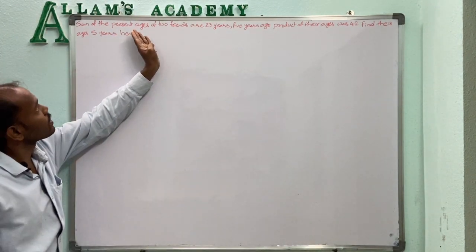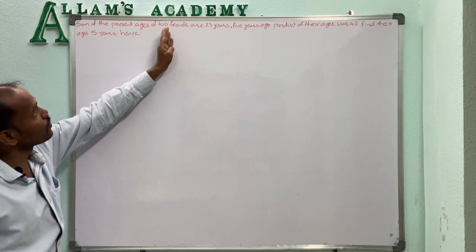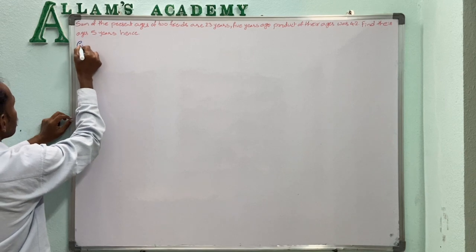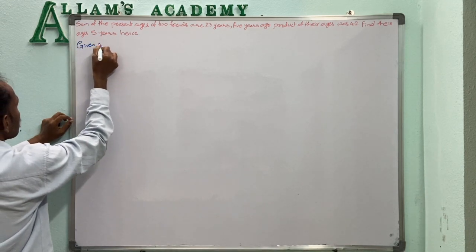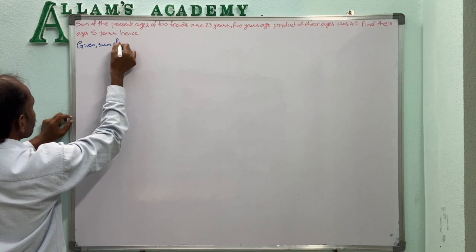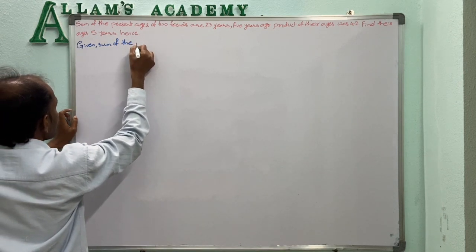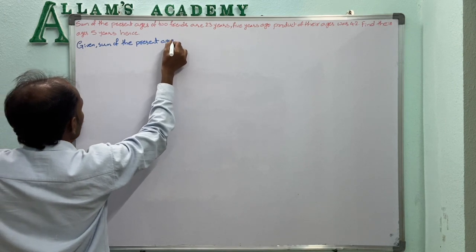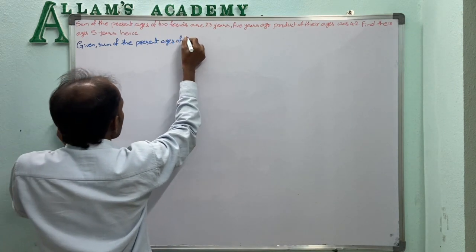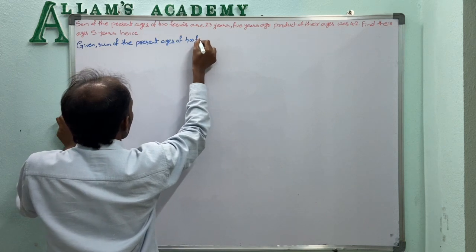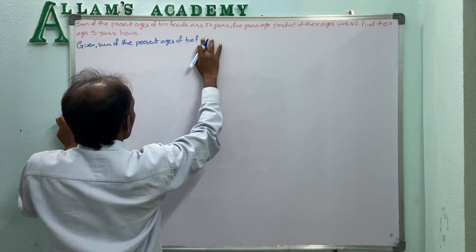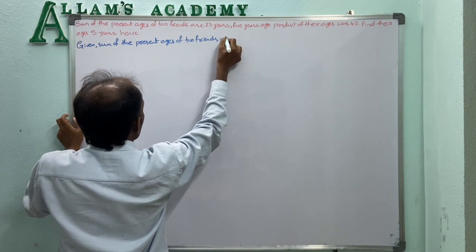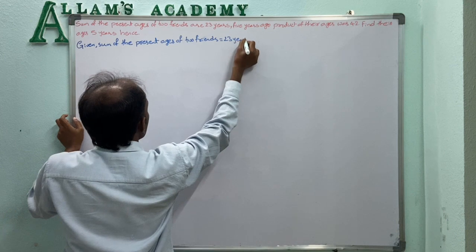So here, the sum of the present ages of two friends is given as 23 years.